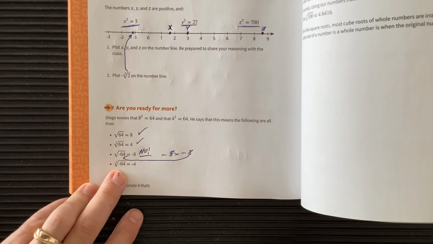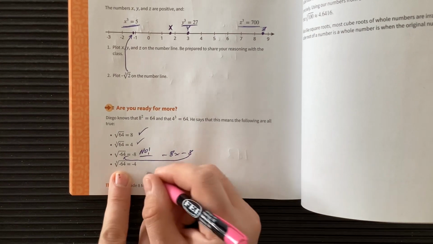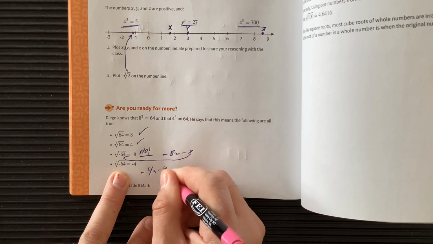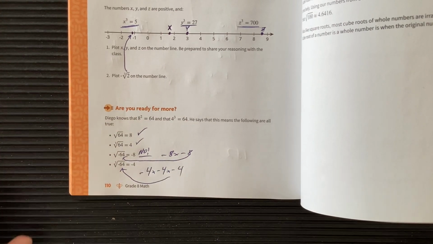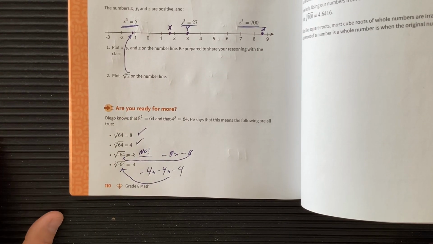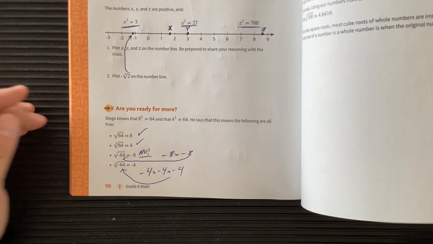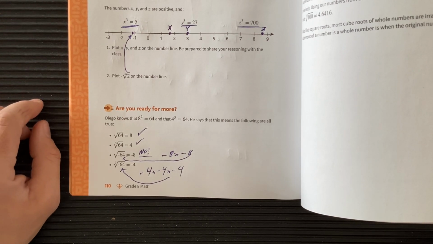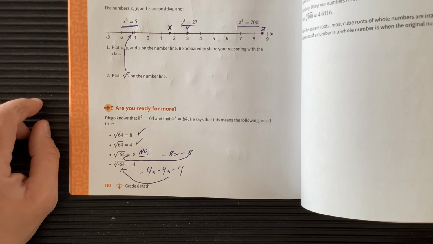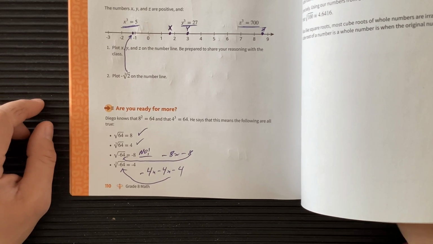No good. How about if I have a negative cube root? Does that work? Does negative 4 times negative 4 times negative 4 equal negative 64? Yes. It would equal positive 64 for the first two, so you got 3 negatives.